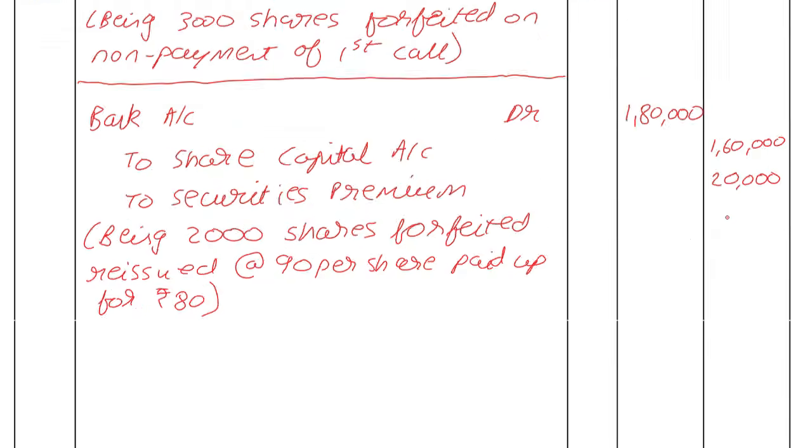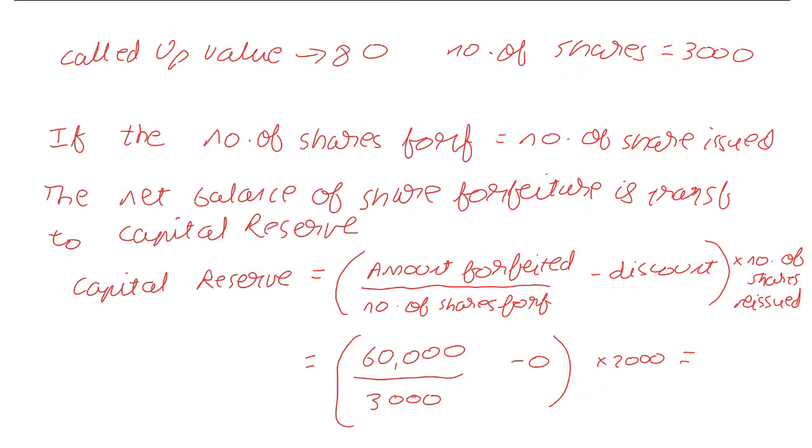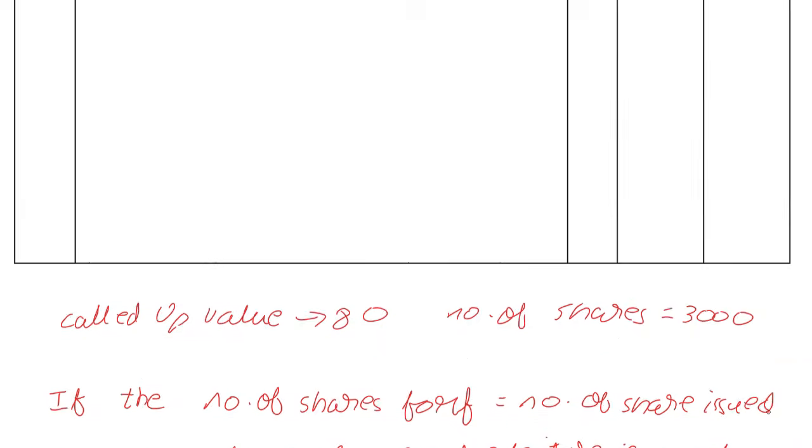So the amount forfeited is 60,000. The number of shares forfeited is 3,000. The discount is zero. The number of shares reissued is 2,000. Simplifying 3,000, 60,000 upon 3,000 should give us 20 into 2,000, which gives us 40. Now we have 40,000 as our capital reserve.